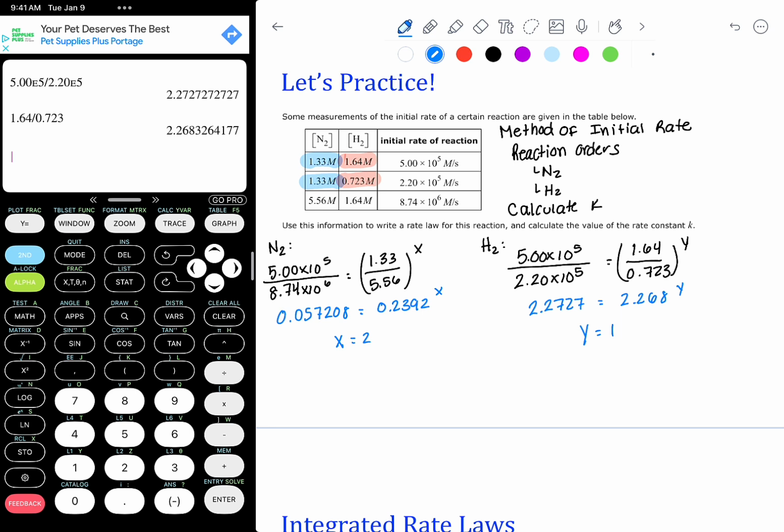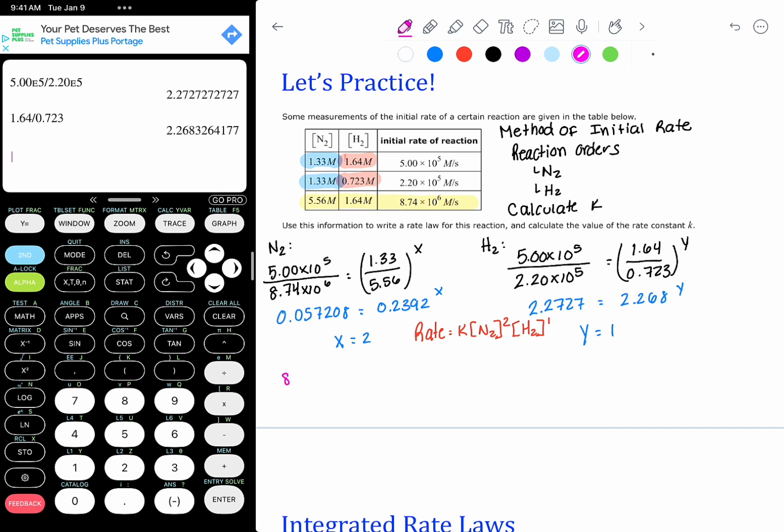Okay, so that now tells us our rate law. So rate is equal to K, concentration of N2 squared, concentration of H2 to the 1. And now we can use any of our data to find the K value. So I'm going to use 3. I've already done 1, I've already done 2, so let's do 3 now. So let's take the information from experiment 3.